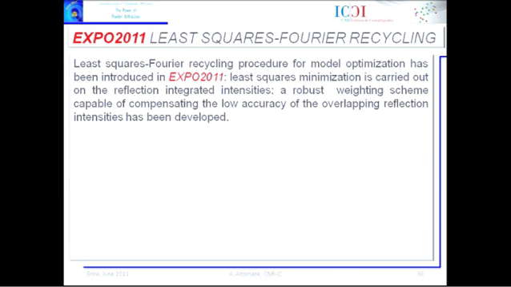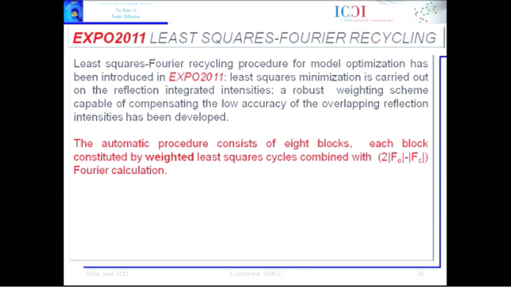This procedure is based on least squares, which uses as observations the integrated intensities extracted from the pattern, but suitably weighted according to a very powerful weighting scheme which is able to compensate for the low accuracy of the integrated intensity estimate, in particular of reflections in overlapping.